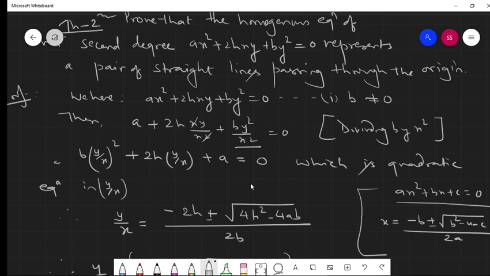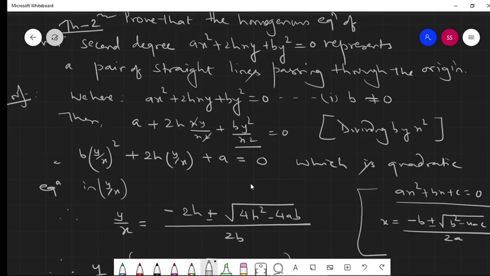Either x equal to 0, that is the y-axis, or ax plus 2hy equal to 0, which are also two lines passing through the origin.